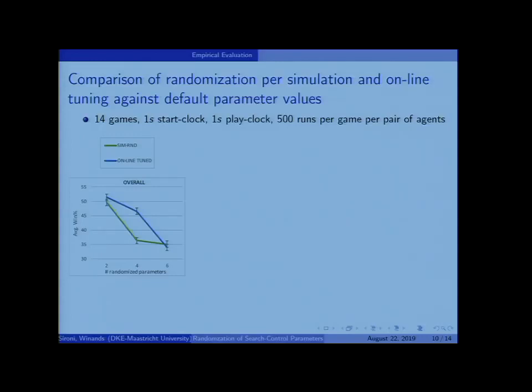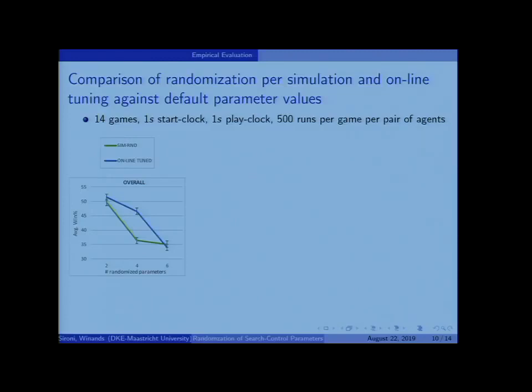So we see that for two parameters, randomizing or tuning online has more or less the same performance and is also almost the same as keeping the parameters fixed. For 4 parameters, their difference gets higher because tuning seems still to be better than randomizing, but when the parameters become too many, in this case 6, online tuning is way more difficult to achieve. So randomizing has more or less the same performance with less computational cost.